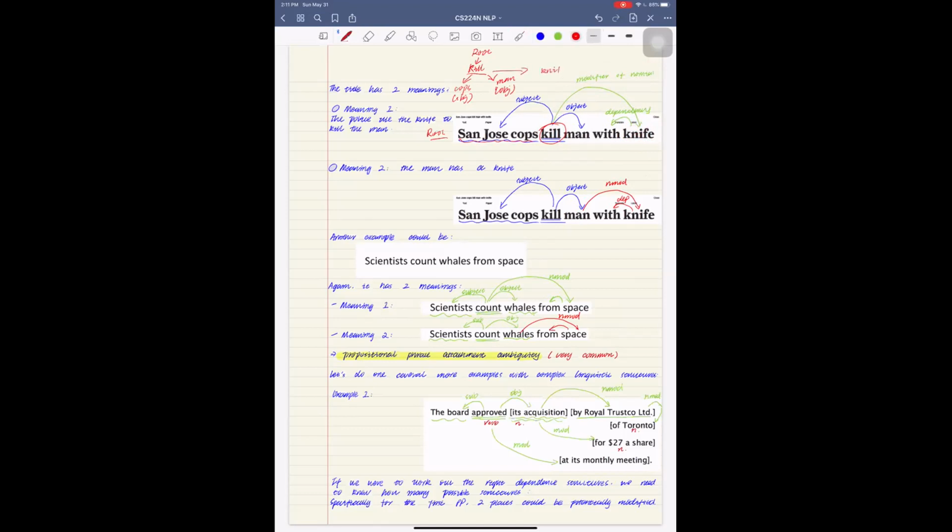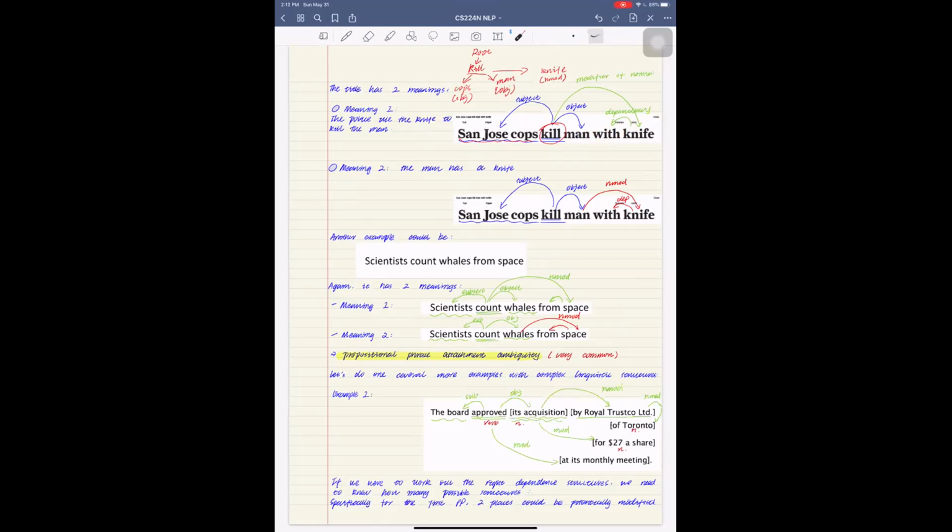Knife, that's NMOD, right? Next, I'm going to start from the knife and jump back to the width. So now width is a dependent of knife, right? Now you understand why we made up a fake root here, because the verb is not at the beginning.